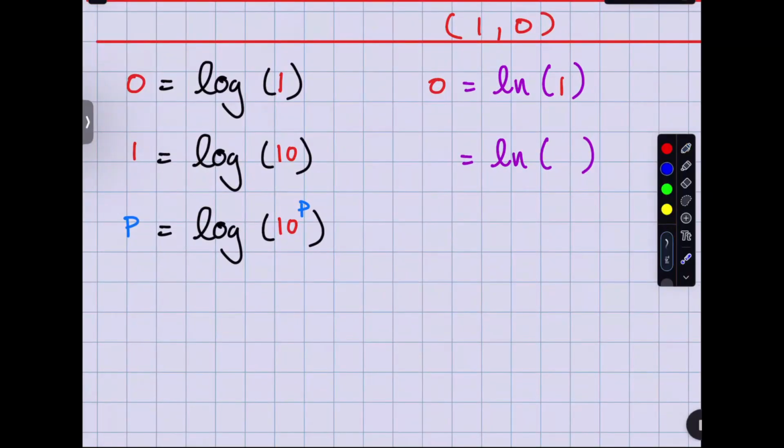So the ln of what would give me 1? It'd be e, because that is the base. The base is e.